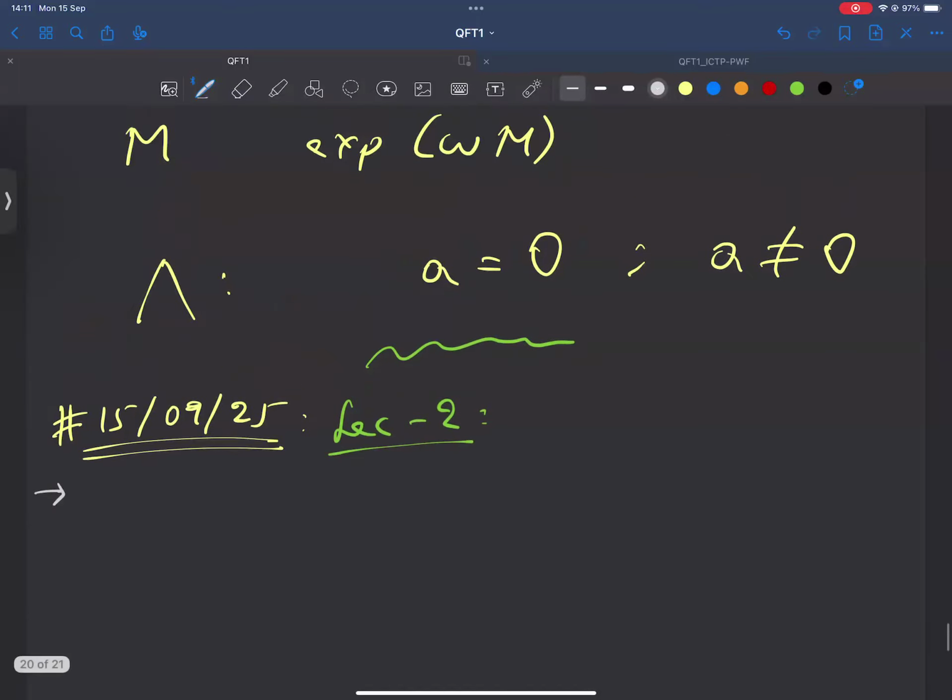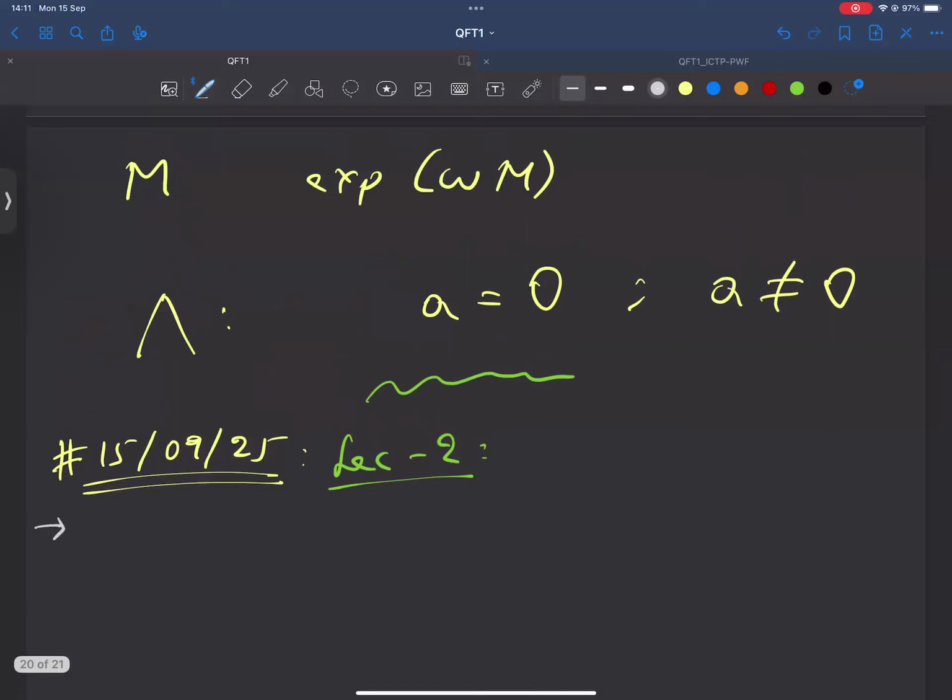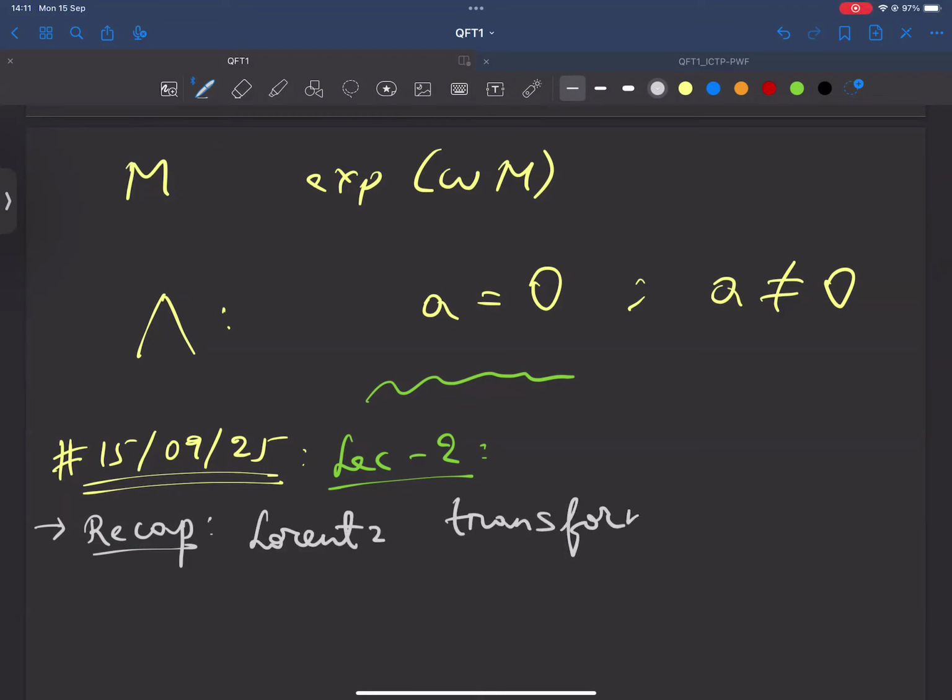So as last time, let's briefly recap what we did. We discussed a generic Lorentz transformation, and then we argued that it's a group, as an exercise to you. And then we looked at the identity part of the group. We then moved a bit away from the identity.